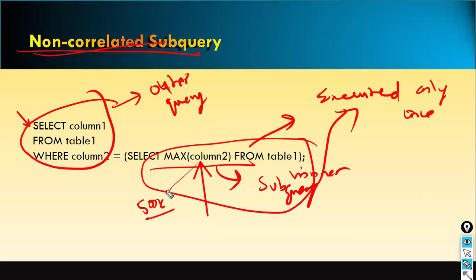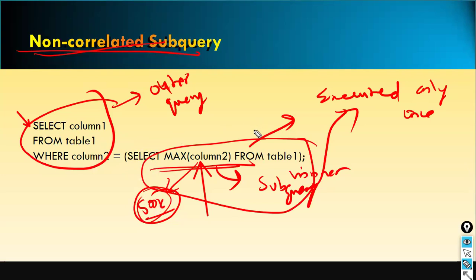This is the maximum salary, only one value, a scalar value. Scalar is a single value. This result will be used by your outer query, so 500K will get substituted here and select the employees getting 500K.